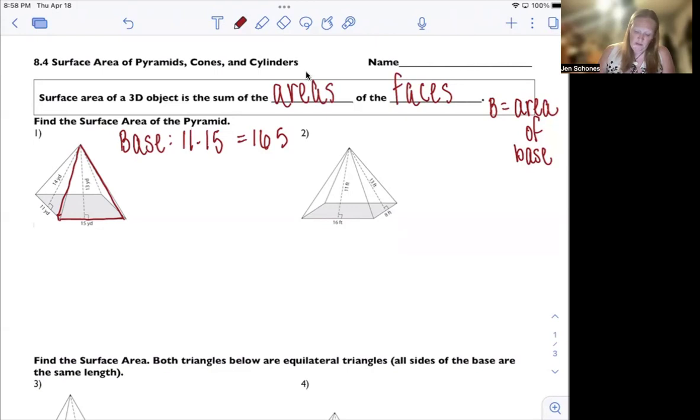I'll call it triangle number 1. Area of triangle 1 is base times height divided by 2, so 15 times 13, cut in half. When I type that into the calculator, I get 97.5.